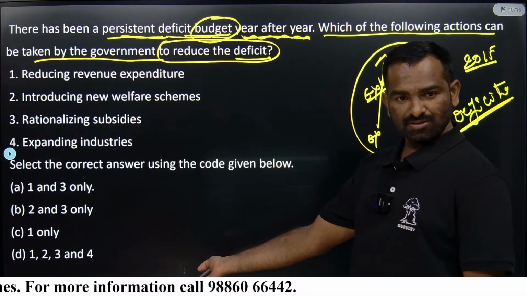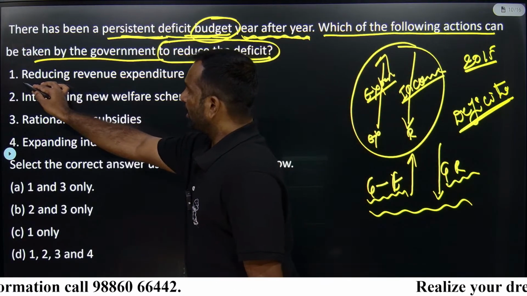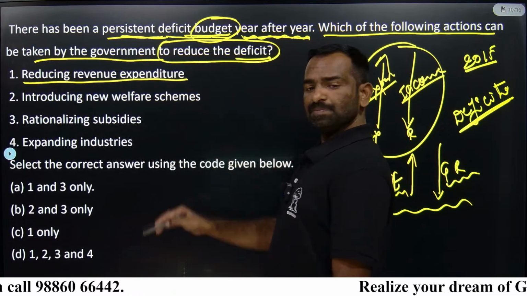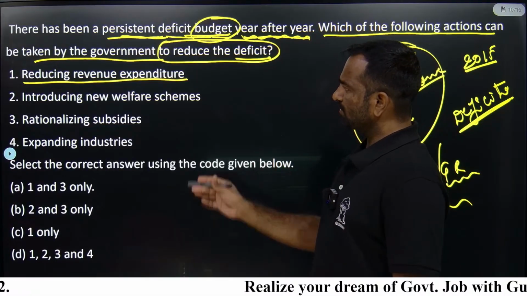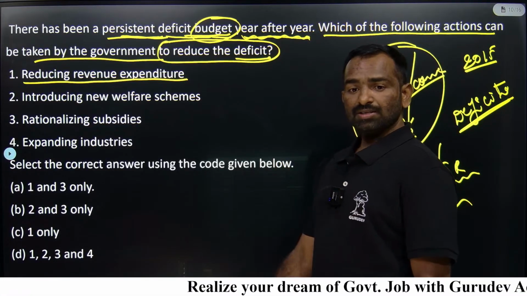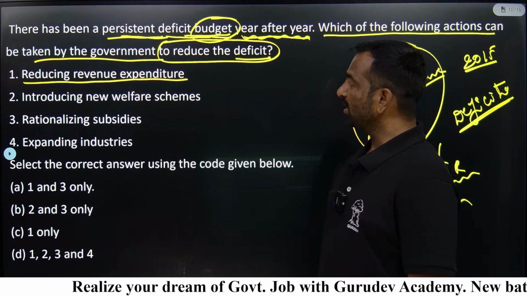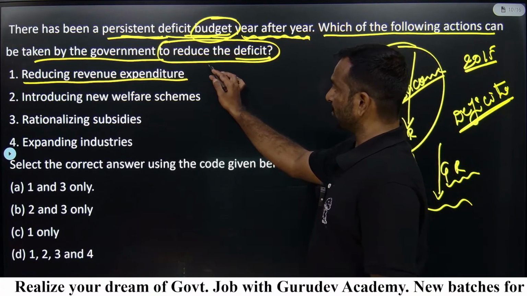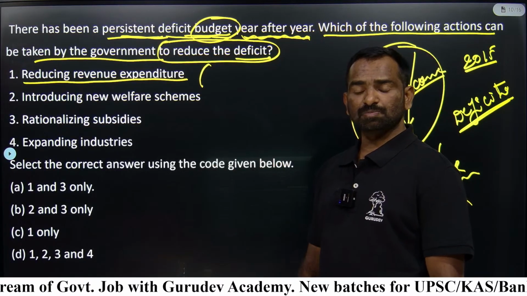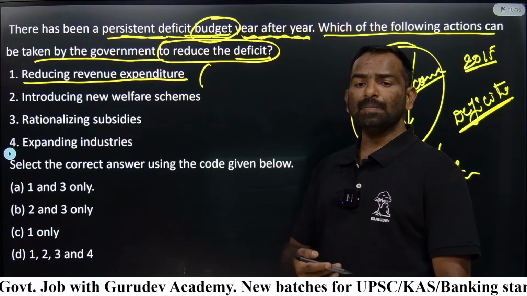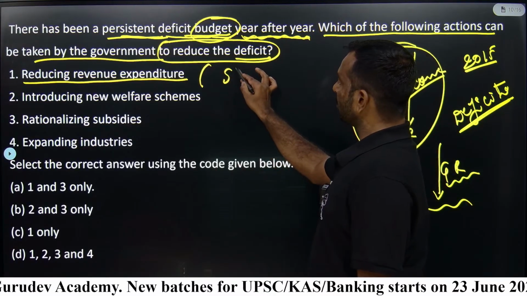These are the options. Okay, the first option, reducing the revenue expenditure. See, first we have to understand what revenue expenditure is, right? Revenue expenditure is where the government spends money to meet its short-term needs or short-term goals.